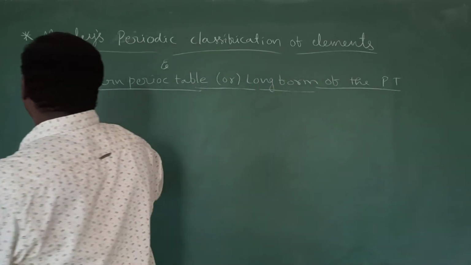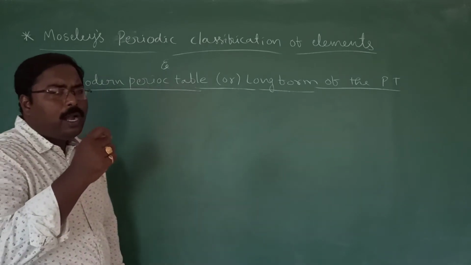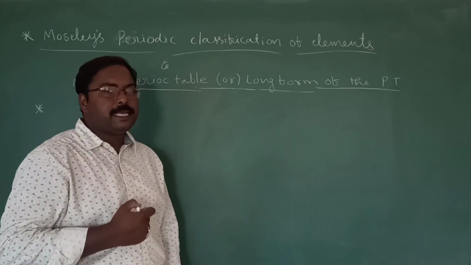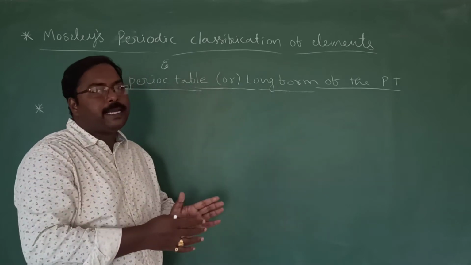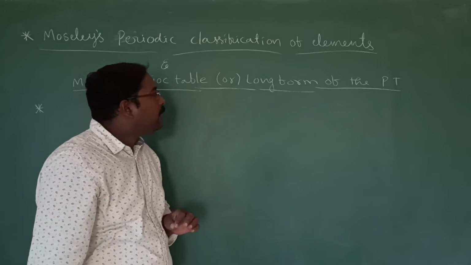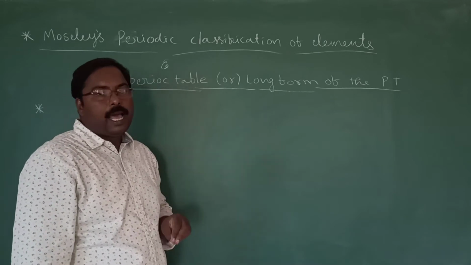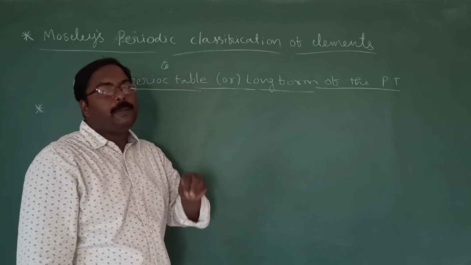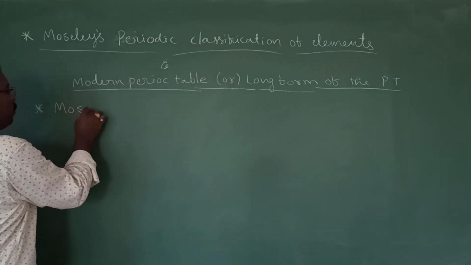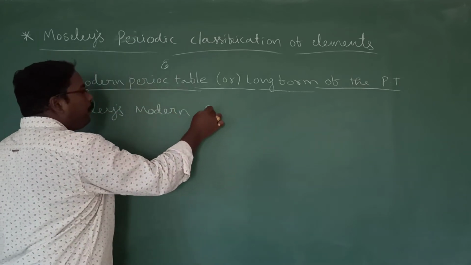Now, first coming to Moseley, in what way this classification is mainly different from the previous classifications: all the previous classifications till Mendeleev are based on atomic masses. But coming to Moseley, he gave a periodic law which is based on the atomic numbers. Okay, so that periodic law is known as Moseley's modern periodic law.